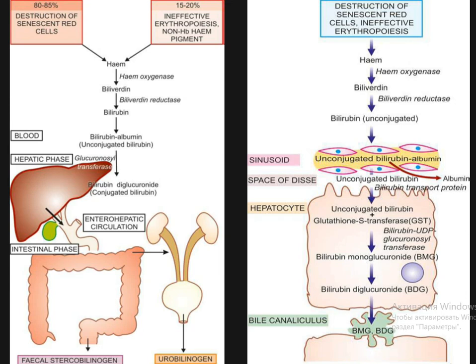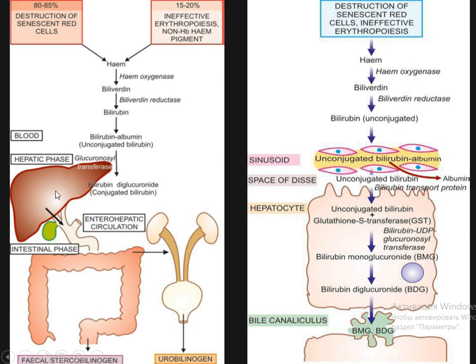The remaining 15 to 20% of the bilirubin comes from non-hemoglobin heme-containing pigments such as myoglobin, catalase, or cytochromes, and partly from ineffective erythropoiesis. We distinguish different phases in metabolism of bilirubin: blood phase, hepatic phase, and enterohepatic circulation in the intestinal phase.